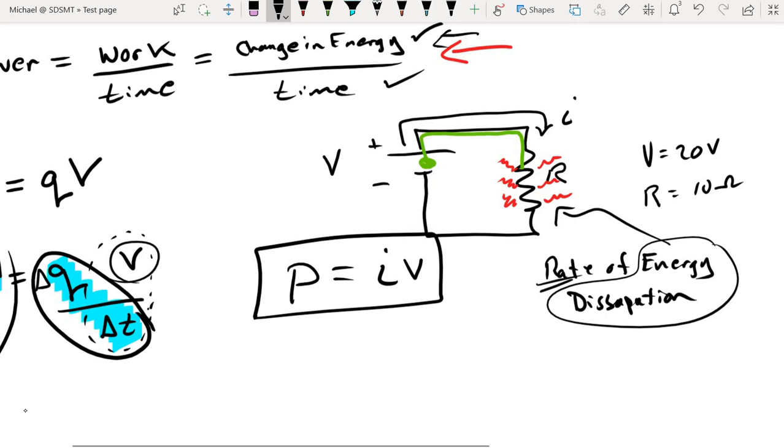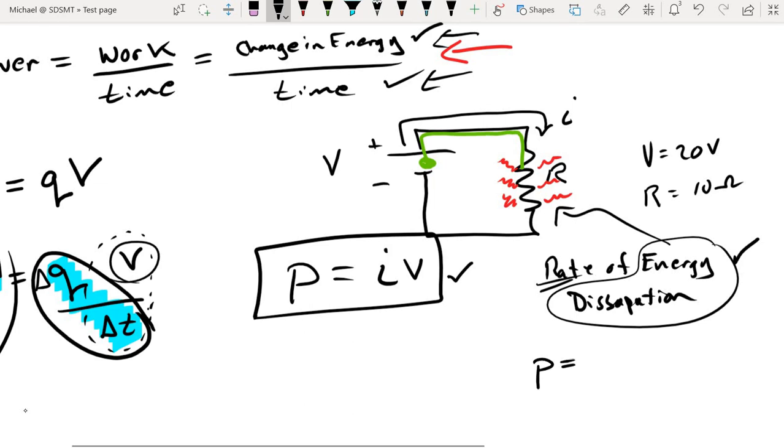So we do in fact meet both criteria of change in energy with respect to time. And you're probably more likely to hear this phrase than you are to be asked what's the power of the resistor. It just seems to make more sense saying how much energy is your resistor wasting, basically. Well, we can find that out.